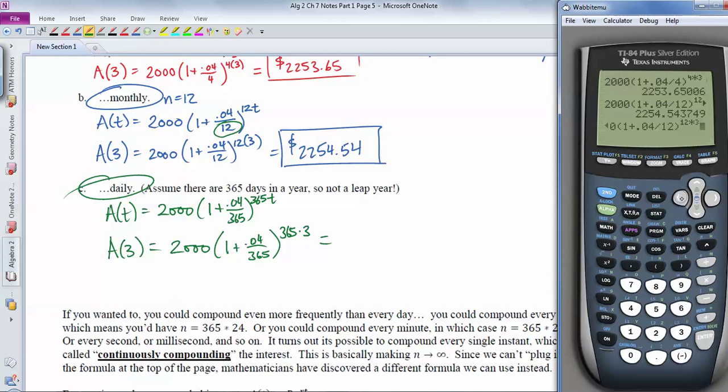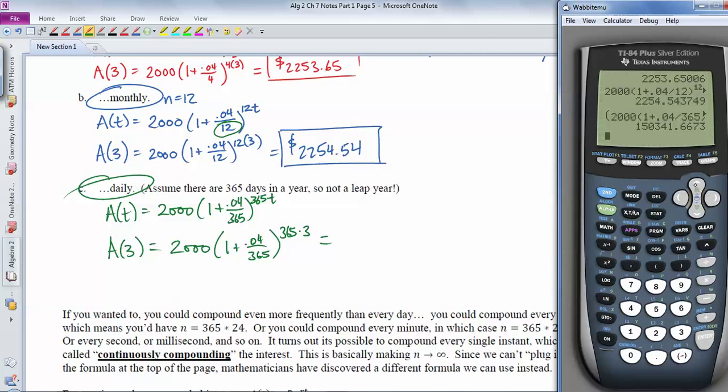So, come back over here. 12 is now 365. And then we're going to raise it to the 365 times 3. Oh, I must have messed something up.